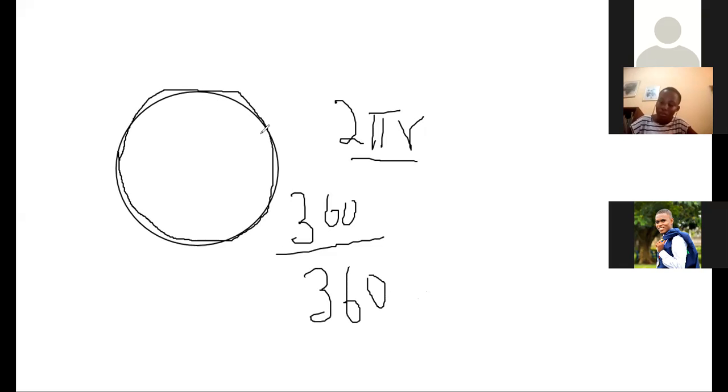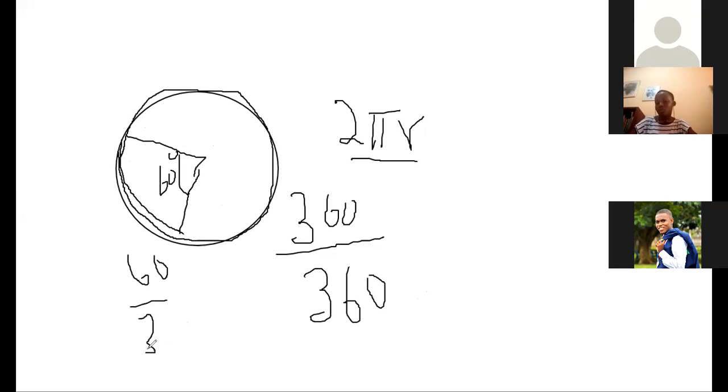If you weren't able to walk around it and you were able to walk from maybe here to here and the angle inside this area is maybe 60 degrees, then it means that you have been able to walk 60 degrees of the total what? 360 degrees.